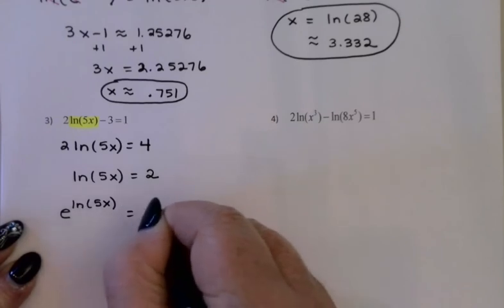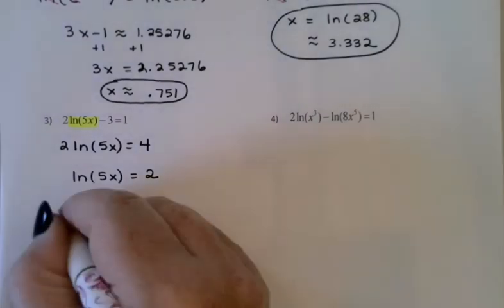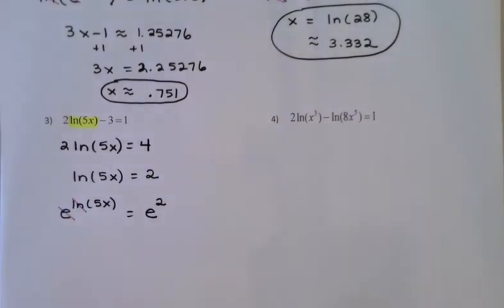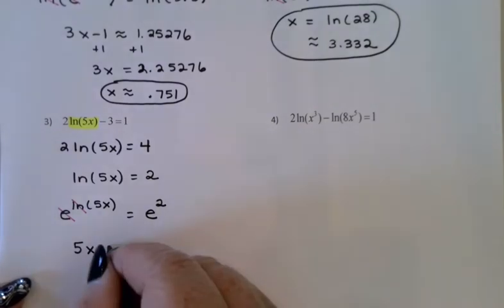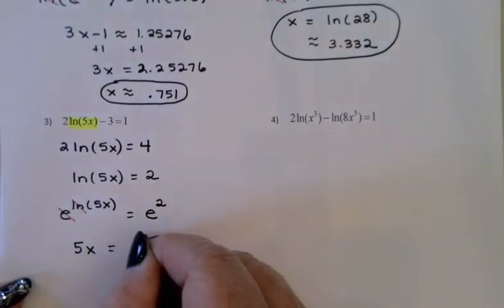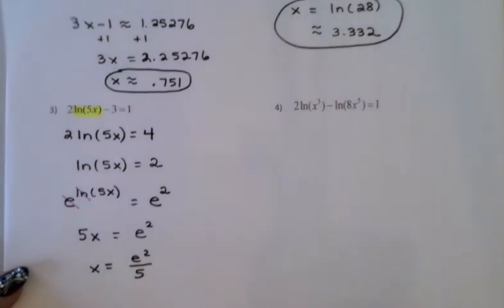And that means I also need an exponential base e on the right-hand side. All I have left on the left-hand side is 5x. That equals e squared. So as an exact answer, x would be e squared divided by 5.